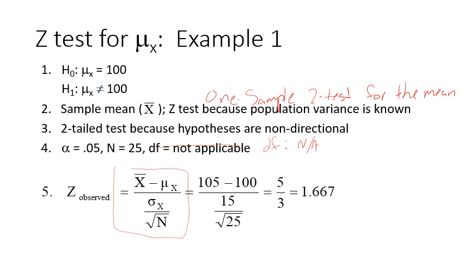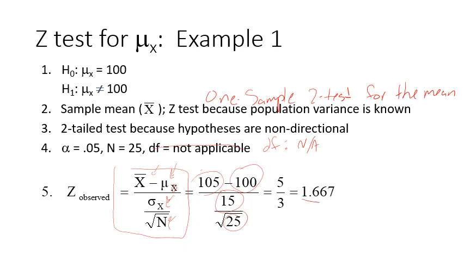So our mean is 105. Our hypothesized mean, so this should be mean 0, is 100. Our population standard deviation here is 15, and our n is 25.